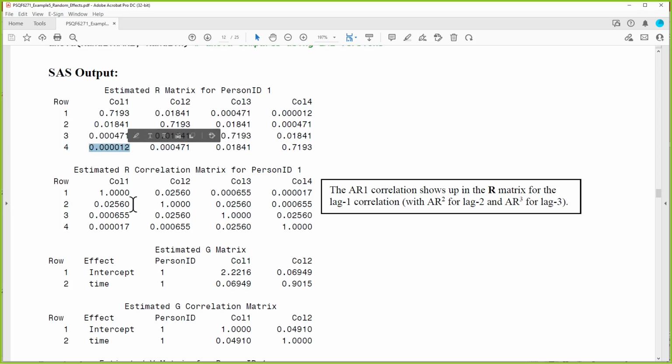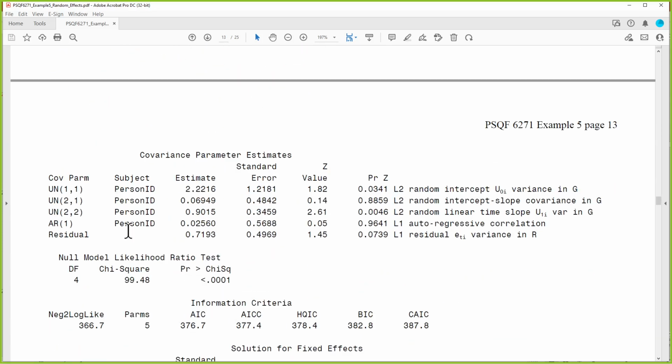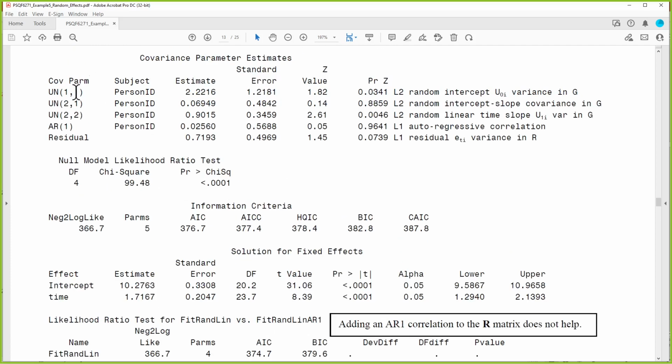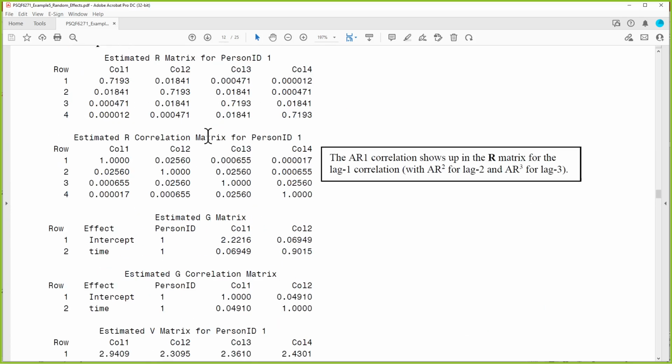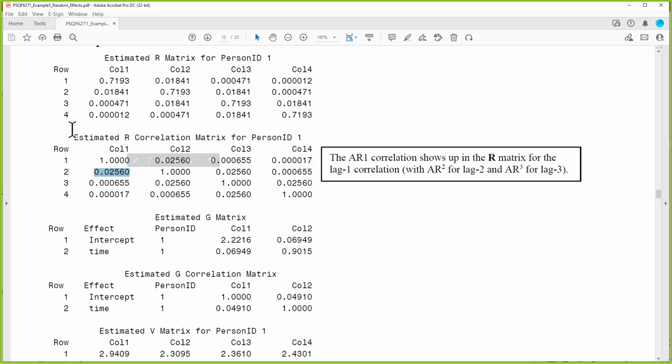Now those numbers look pretty small. The table that lists all of the estimated parameters in the model for the variance lists it directly. 0.02, wait a minute. Oh, I was highlighting the wrong table. It's right here. It's in R core, excuse me. R is covariance, this is correlation. My bad. But still a very tiny number.